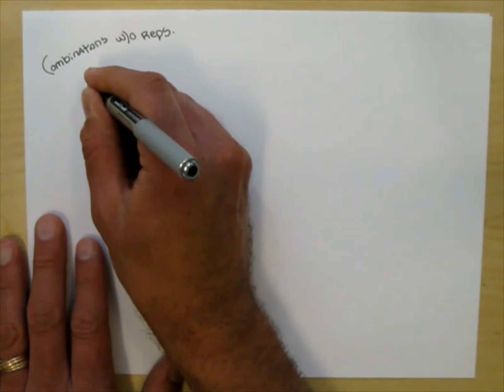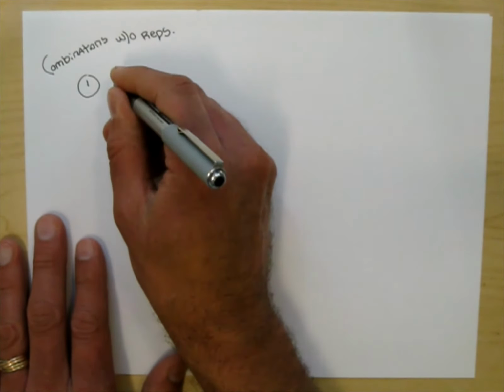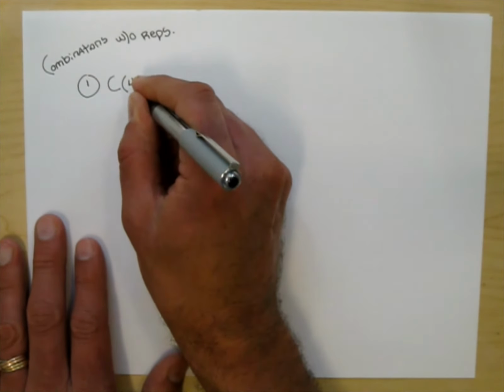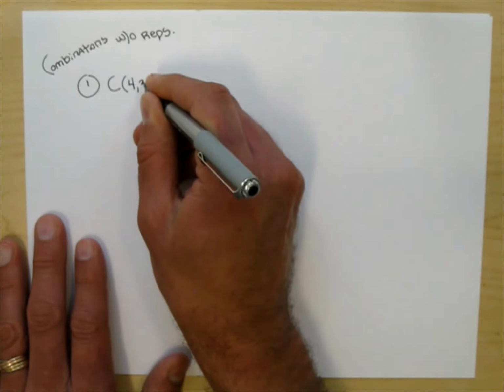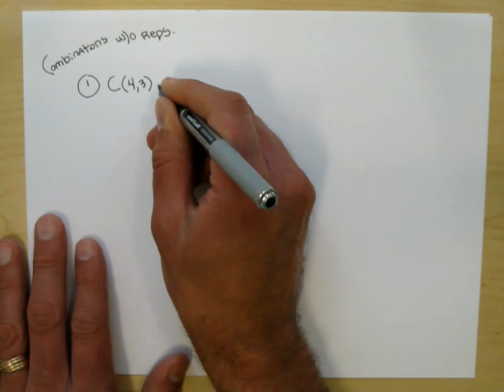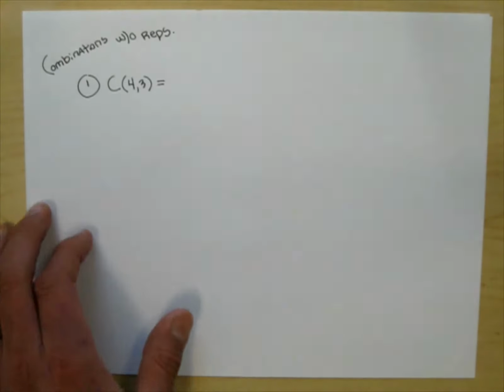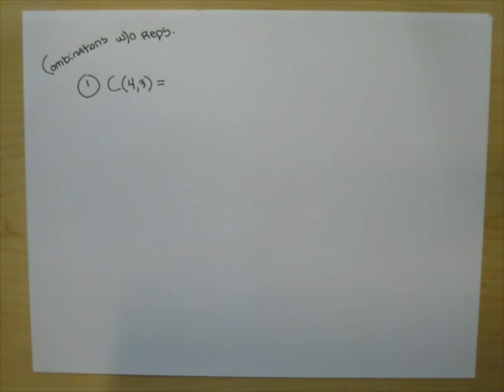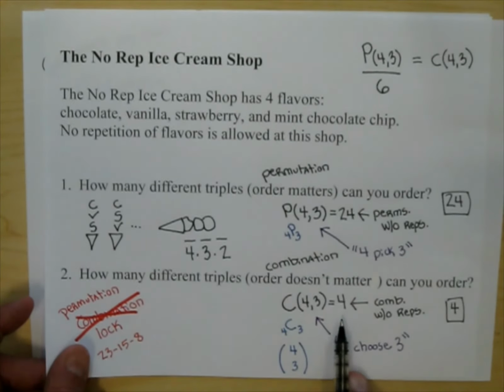The first problem we're going to do is 4 choose 3. Now we know what the answer is. Where is this sheet? 4 choose 3. We saw that it was 4.